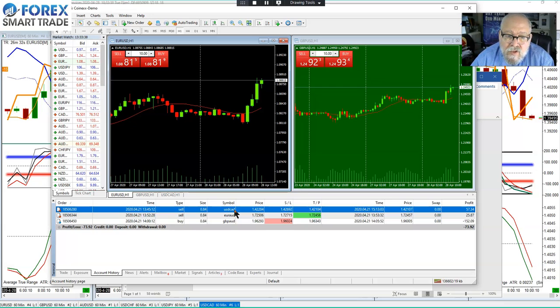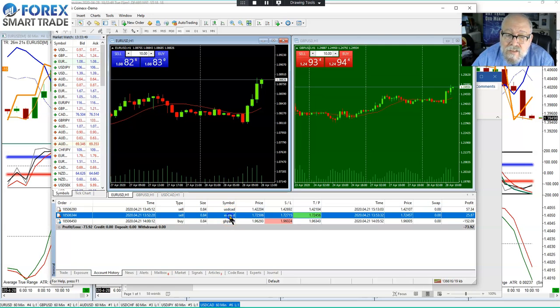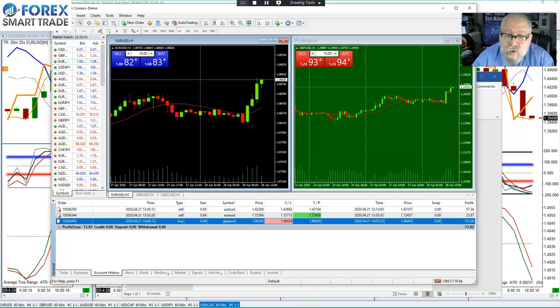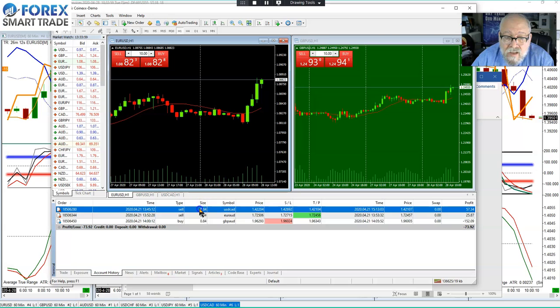So as USD Canadian was a pair that I trade, when I took the trade in my live account, I took a 10 lot size. For these other 2 trades, since I don't normally trade them, I took a 1 lot size. So even though I lost on this with a 1 lot size, my 10 lot size on the USD Canadian more than made up for the loss.